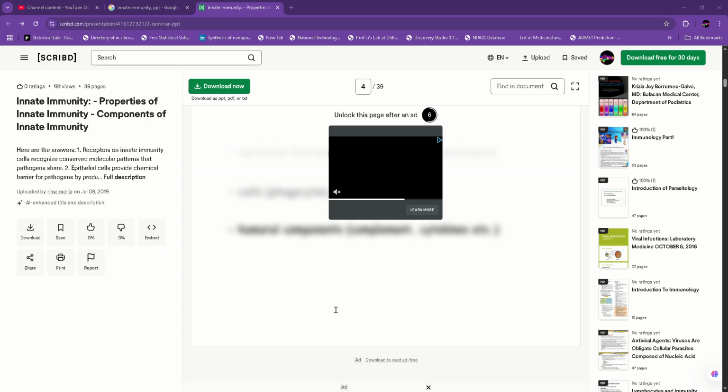Lysozyme in tears and saliva will degrade bacterial cell walls and provide first line of defense. And interferons are the proteins which will inhibit viral replication.